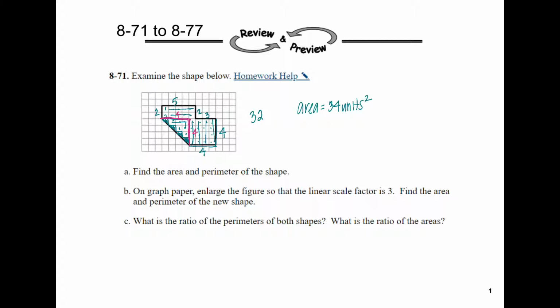So 4 squared plus 4 squared equals c squared. 16 plus 16 gives me 32. When I take the square root of 32, it gives me approximately 5.66.